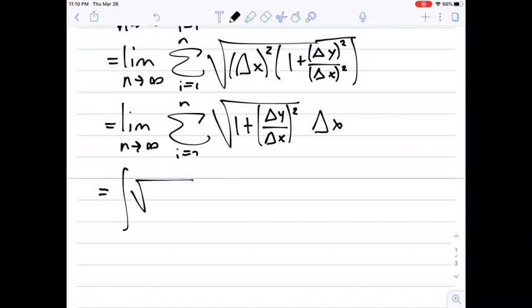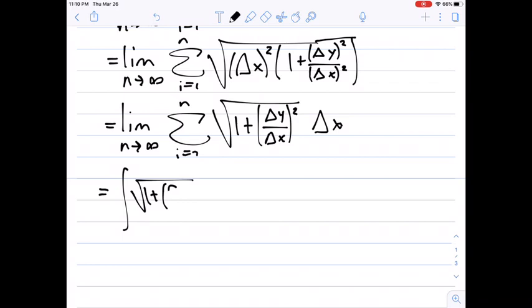We are integrating this square root, which we remember as n goes to infinity. That's the same as delta x going to 0, which means that our delta y over delta x is going to become the derivative of the function. That's going to become y prime, or simply dy/dx.